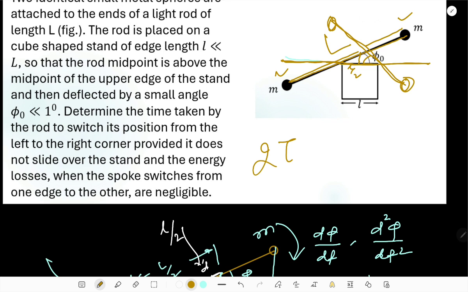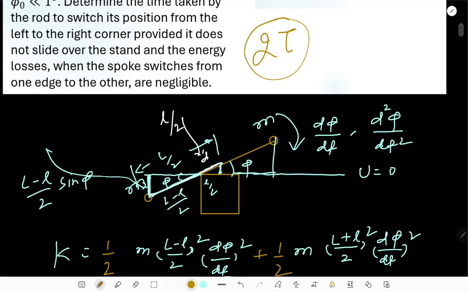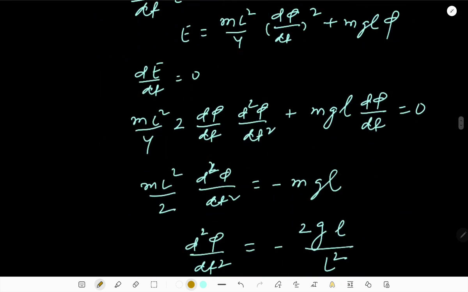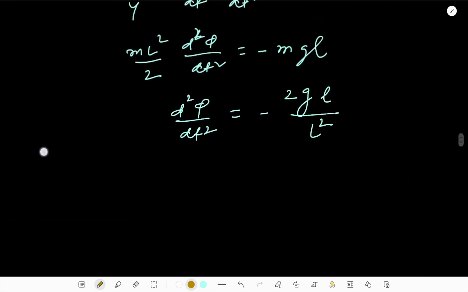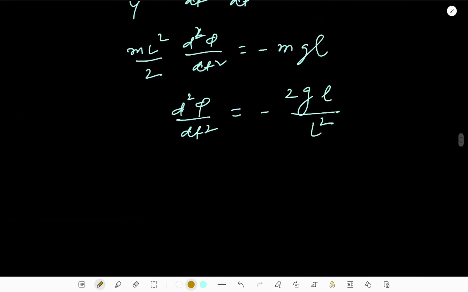So I'm locking this down: I have assumed that this was asked in the problem, and the answer is going to be 2 tau, where tau is the time taken by this rod to become horizontal.